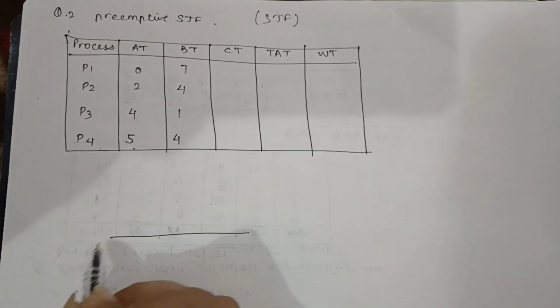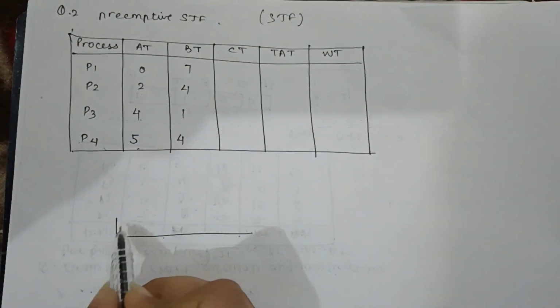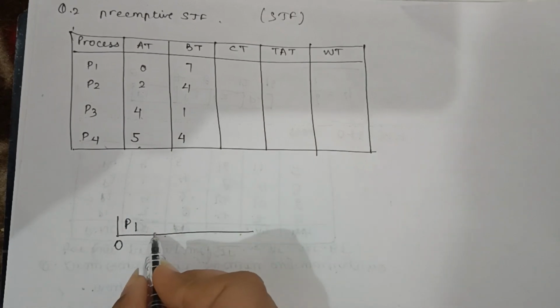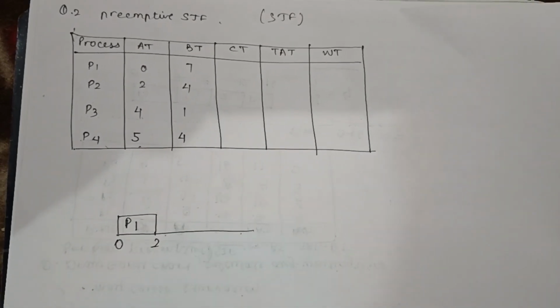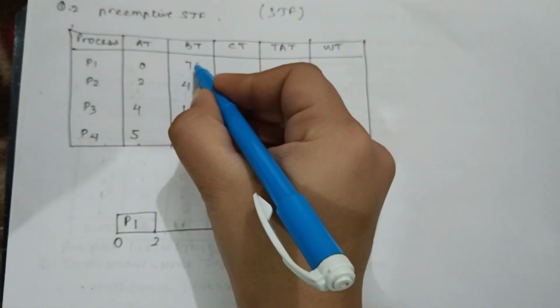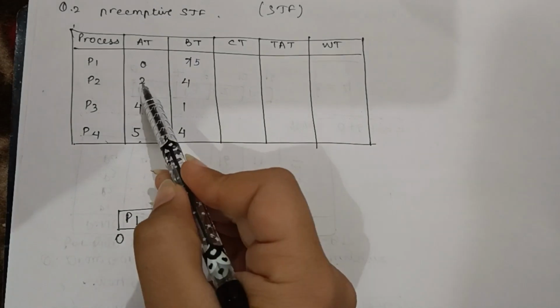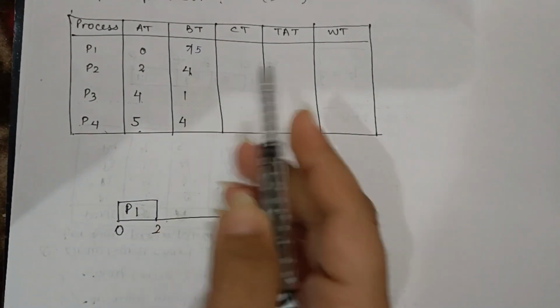So starting with the 0th interval, we only have process P1. So we have the process P1. It would be executed till process P2 arrives, that is 2 units of time. So it gets executed for 2 units of time, and 5 remain, since 2 is already executed. Now at 2, we have the process with the shortest time, so it would be executed.